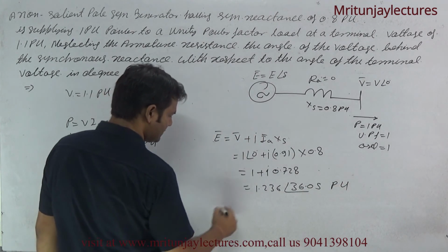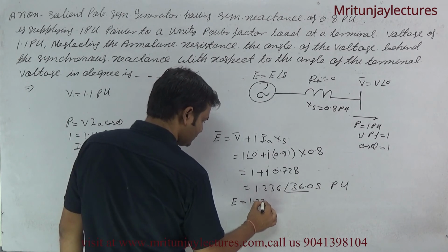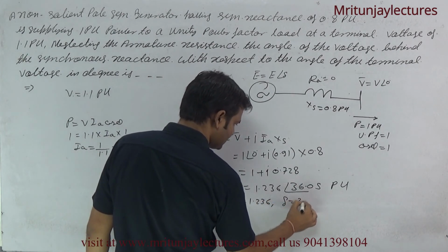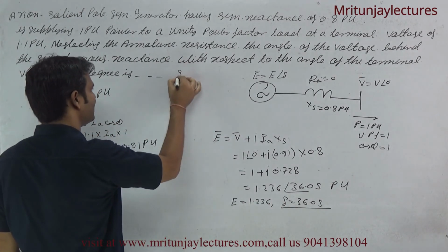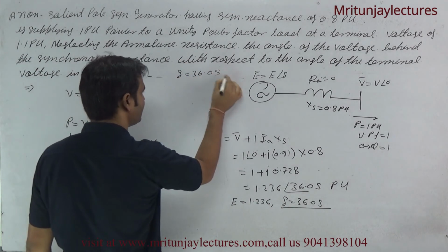Okay, so what about E? E is 1.236 and delta is equal to 36.05. Our motto, we are focused on delta, that's why delta is equal to 36.05. Make it.